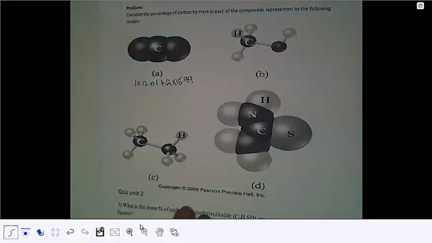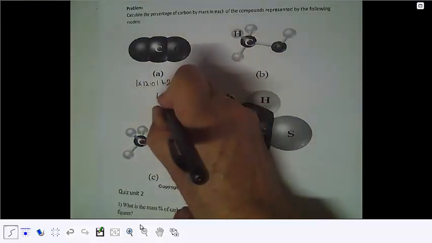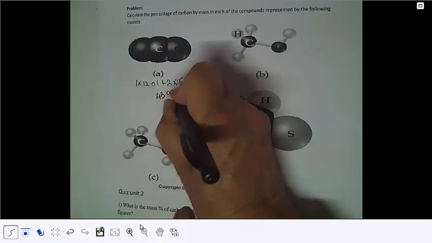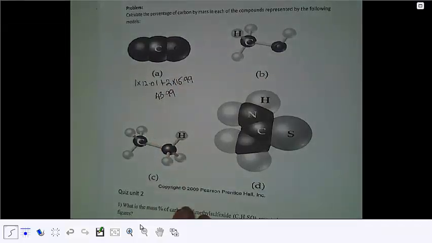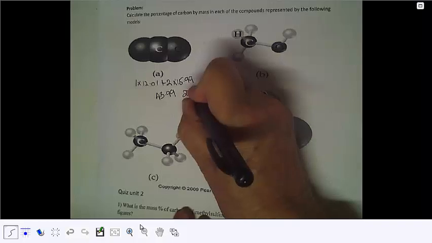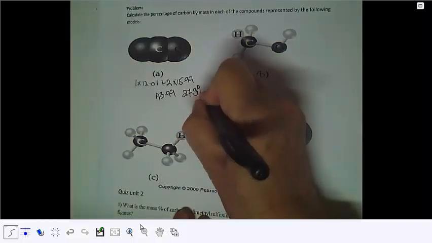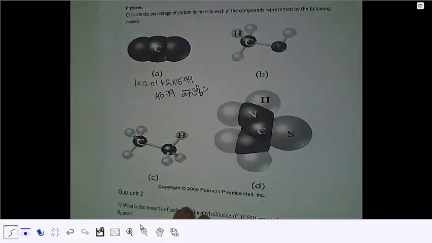The molecular mass there will then be 43.99 atomic mass units. There's only one atom of carbon, so 12.01 divided by 43.99 multiplied by 100 should give you an amount of 27.3% carbon by mass in carbon dioxide.